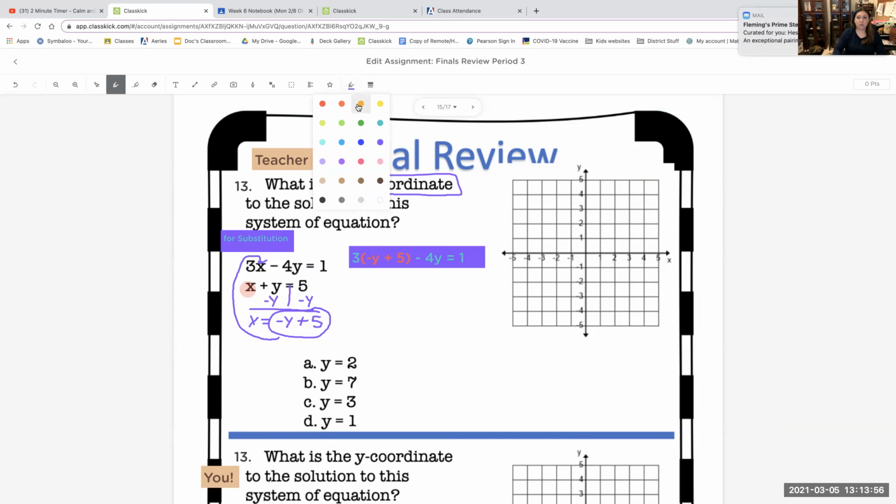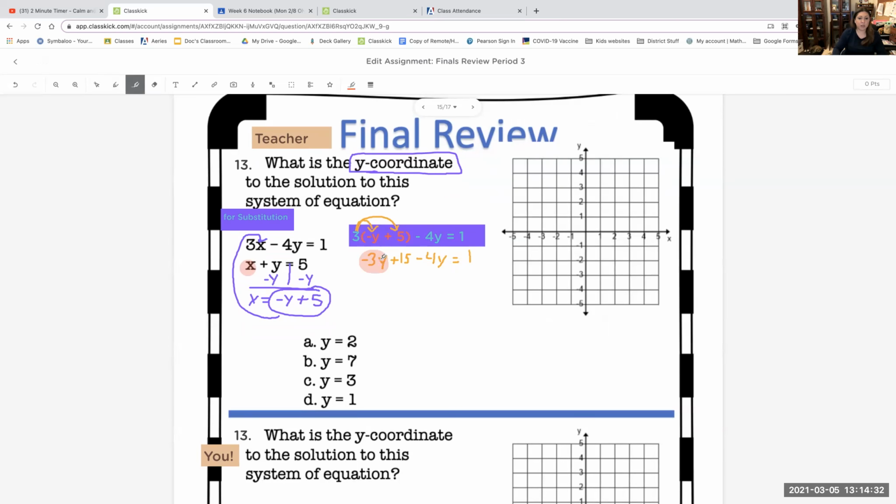All right. So we're going to distribute 3 times a negative y. Now I can combine them and get negative 3y because I'm multiplying. This was adding and subtracting. I can't do that. And then 3 times a positive 5 gives me a positive 15. And then I bring down my negative 4y equals 1.